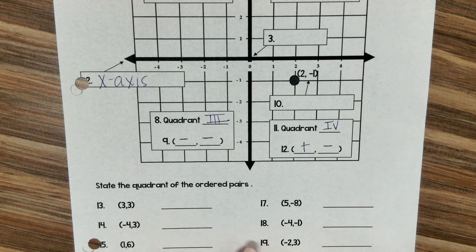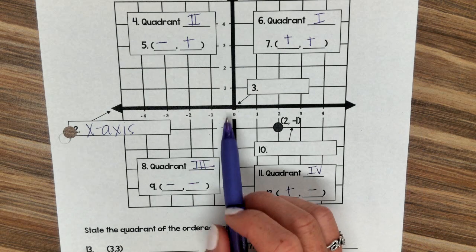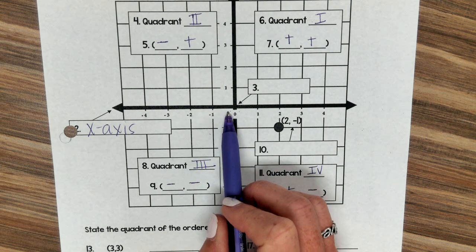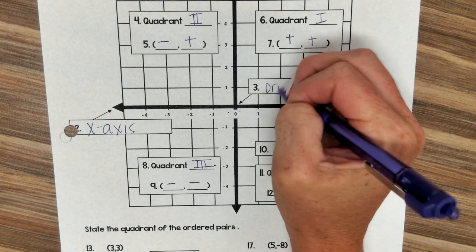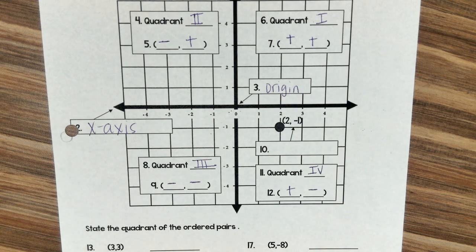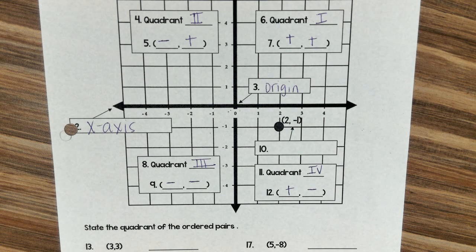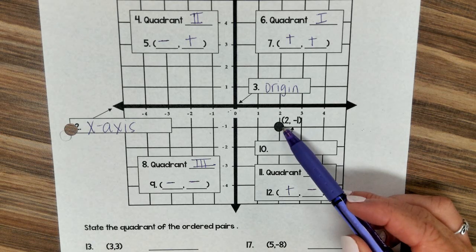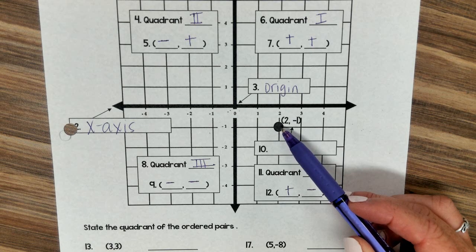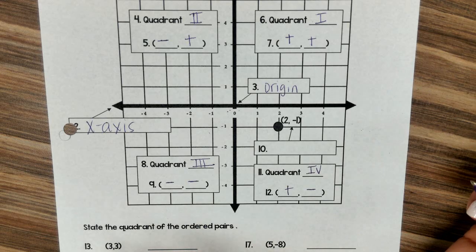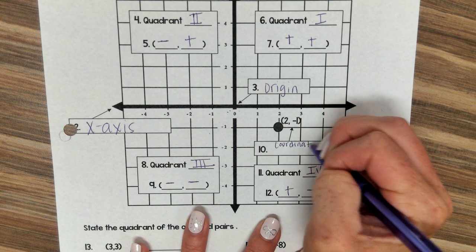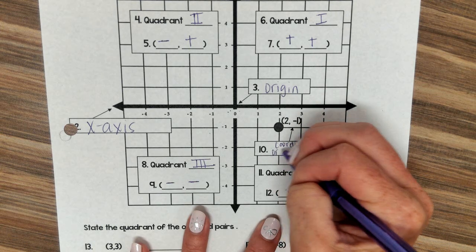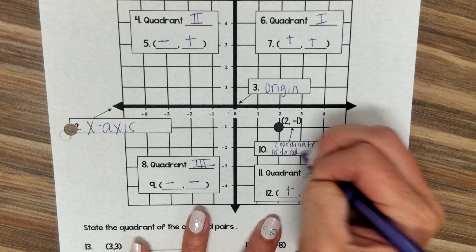Okay, where the x and the y-axis meet is at point 0, 0. What is this called? The origin. Okay, and then once you put a dot on the coordinate plane, that is called a coordinate. Write it small because we're going to put one more word. That is called a coordinate. It can also be referred to as an ordered pair.